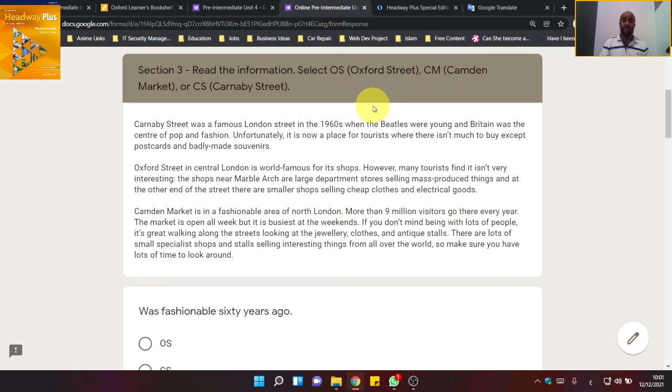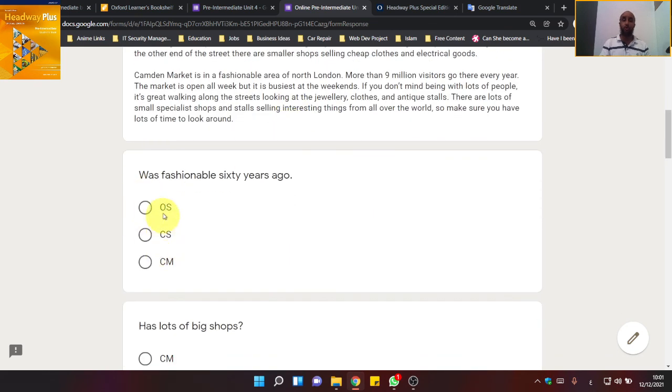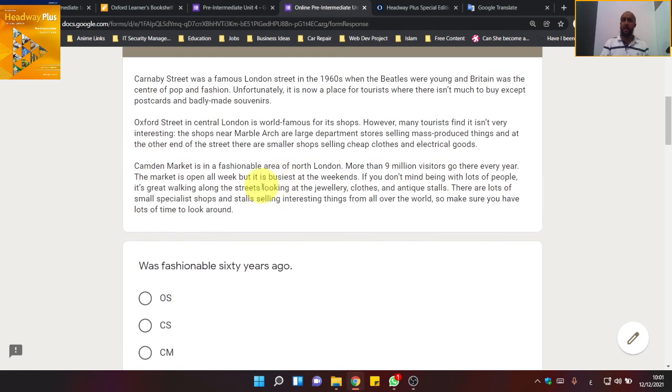So the idea is this: you have to read each one and choose the correct story. So here, for example, it says was in the past, was fashionable 60 years ago. So which place was fashionable? Was it Camden Market? Was it Oxford Street? Or was it Carnaby Street? To find out, you must read. So I'll give you one example.